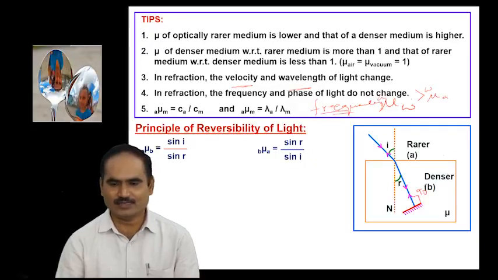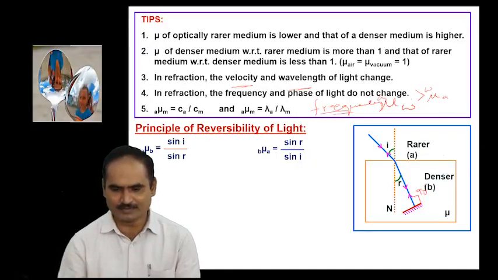Right? Not only that, suppose you keep a mirror like this, a light ray is incident here and it goes like this. At the same time, if you pass a light ray here in this manner and it goes like this, means here if you keep a reflecting surface perpendicular to this incident ray, it retraces back.